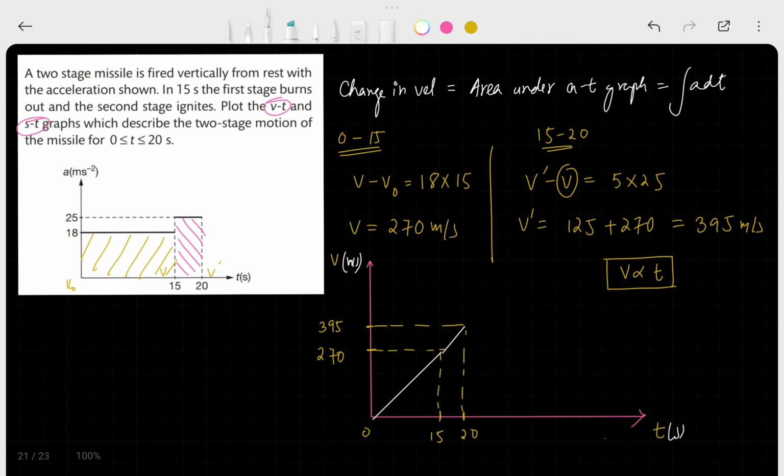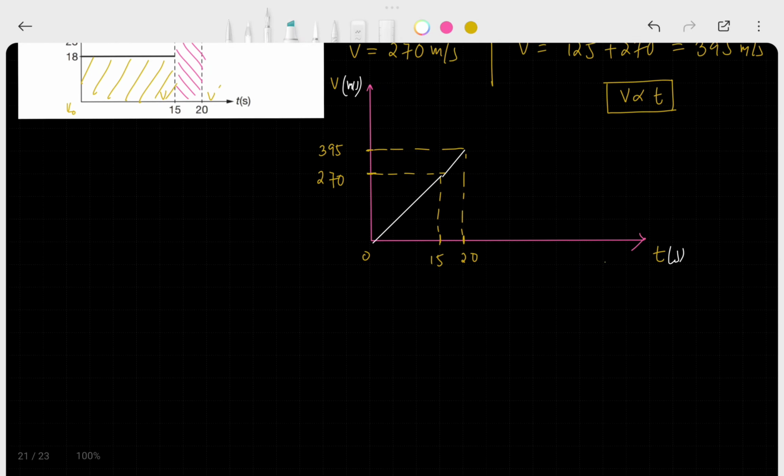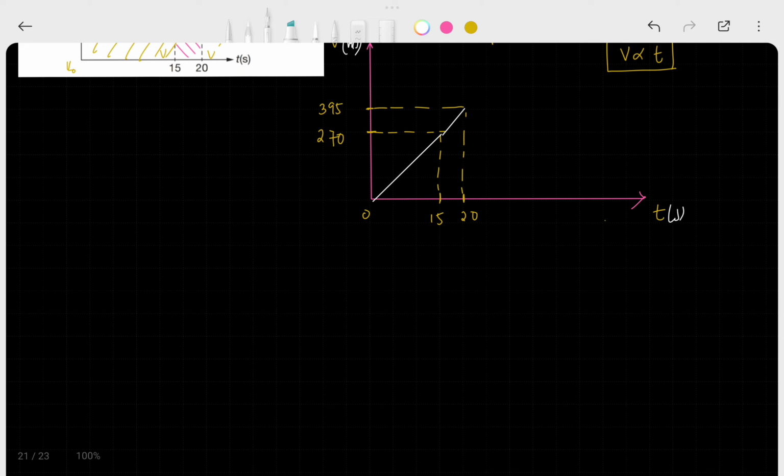Now we'll do the same for the displacement time graph. Suppose at 0 it is x naught, at 15 seconds it is x, and at 20 seconds it is x dash. For the time interval from 0 to 15 seconds, the change in position is the area under the VT graph, that is v dt.